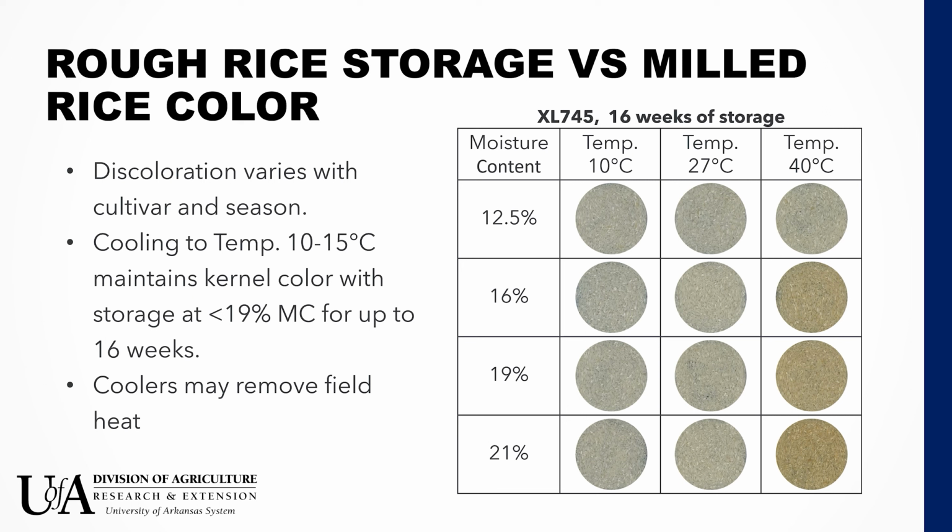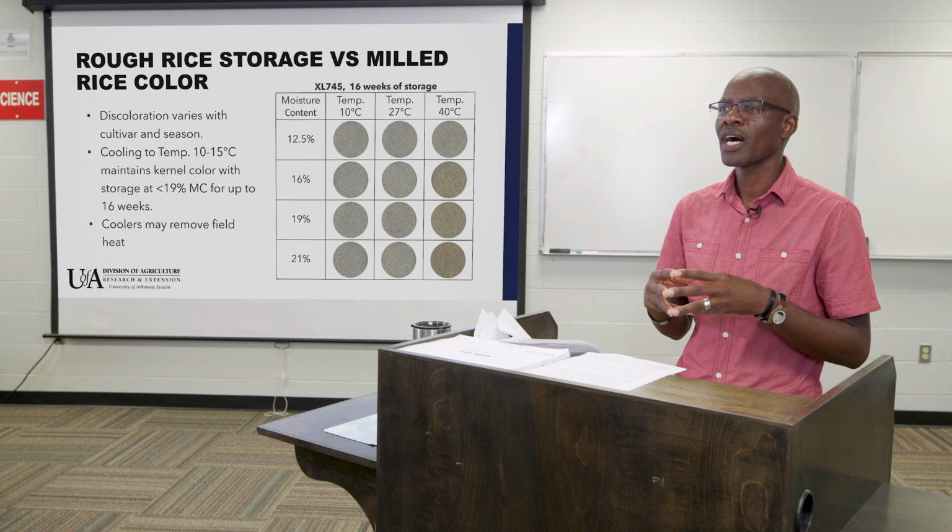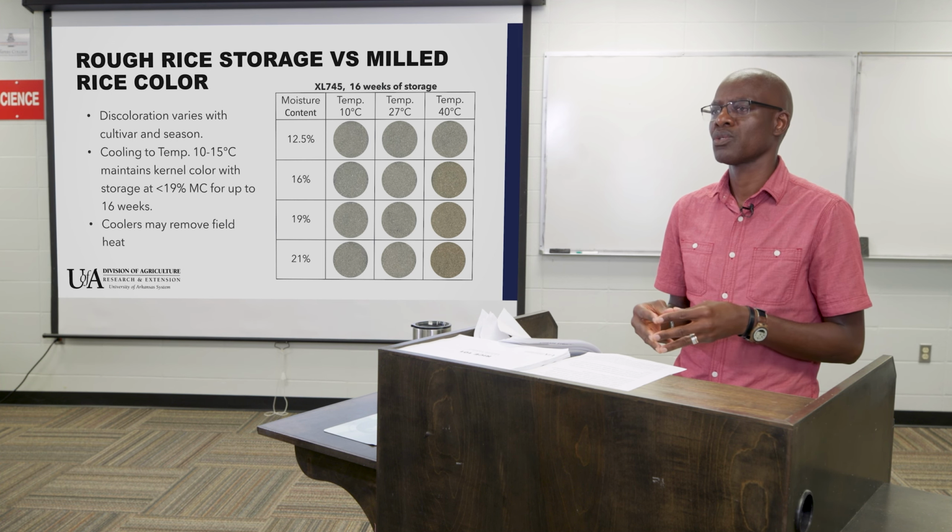Very clearly, you can see that as the storage temperature increases, the vulnerability of that rice to discoloration also increases. As the moisture content increases, again, the vulnerability of that rice to discoloration at specific storage temperature also increases. Very briefly, I would like to say discoloration varies with cultivar and also seasons.